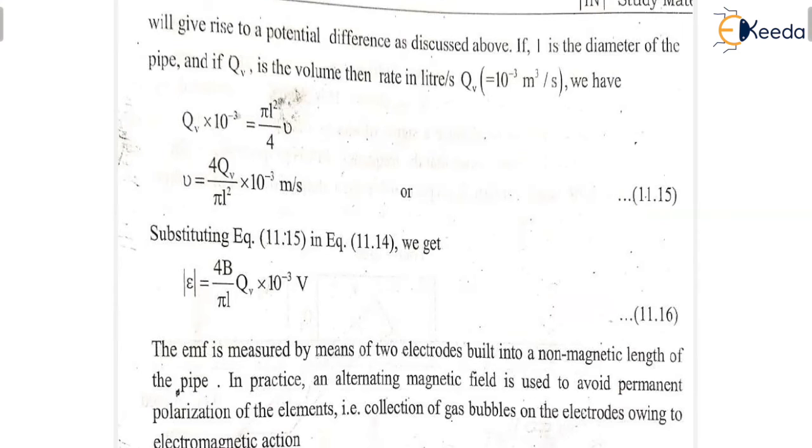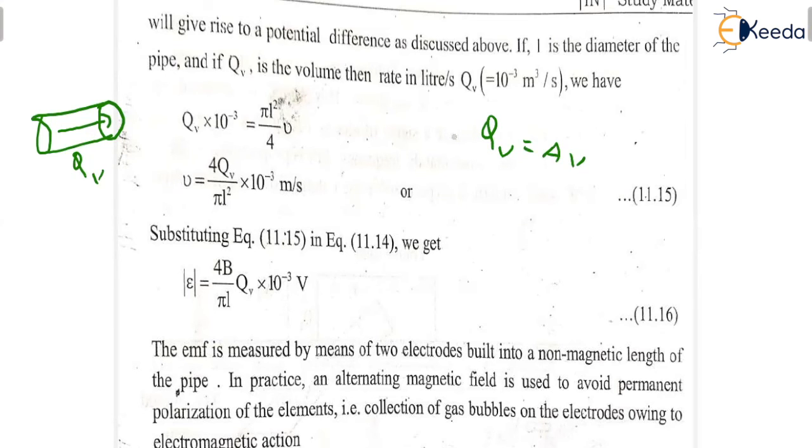What is the formula? Suppose inside the cylindrical jet the liquid is moving, and the volume flow rate of the liquid is qv. And what is the formula for qv? The volume flow rate is equal to A into v, my dear students.